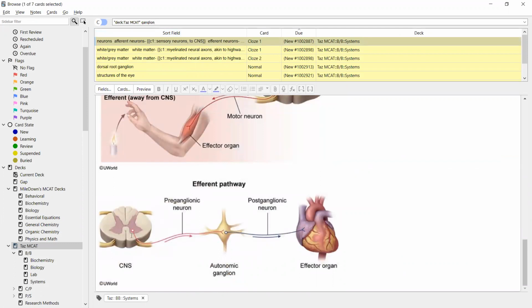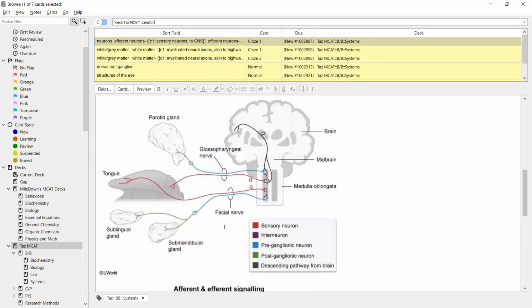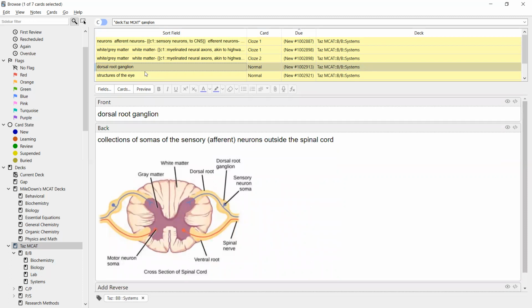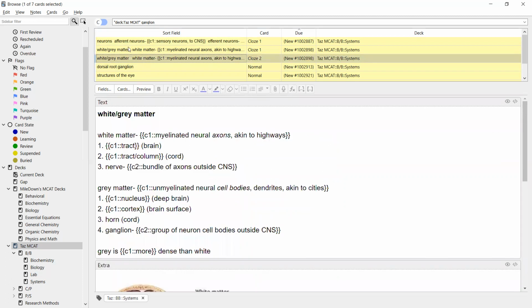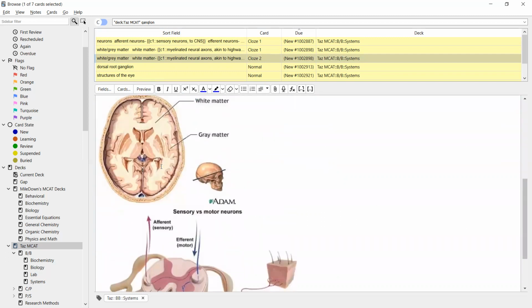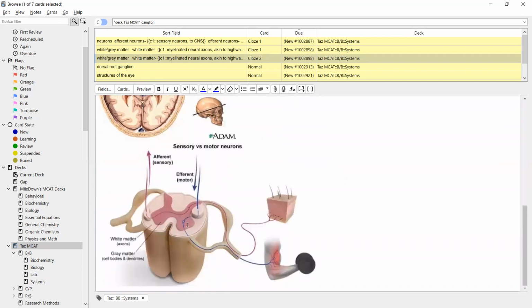This ganglion is in the middle. It's kind of like a bundle, a group of neuron cell bodies. We have white matter and gray matter, two different distinctions. On the spine, the white matter is on the outside and the gray matter is on the inside.